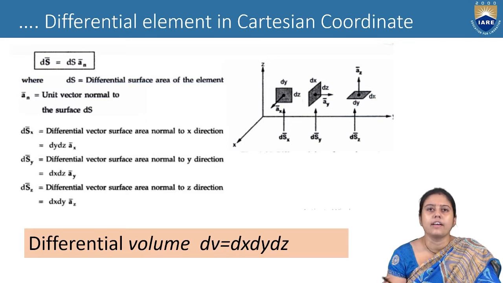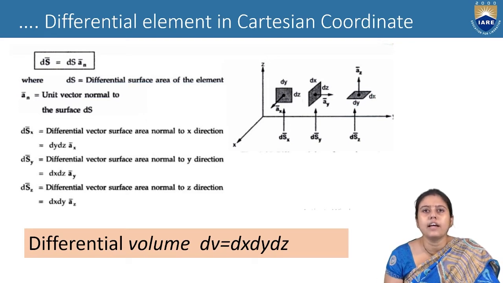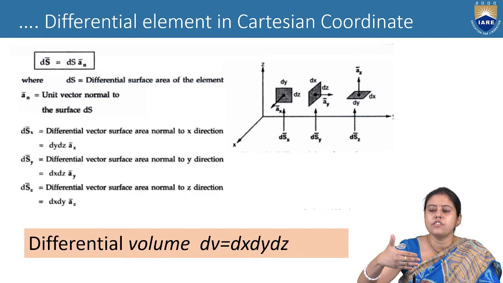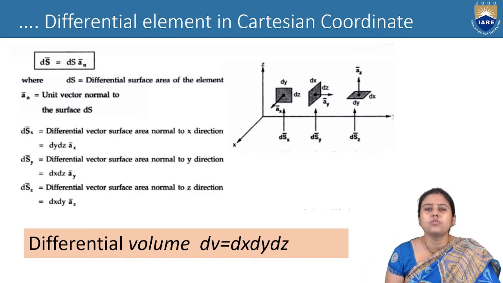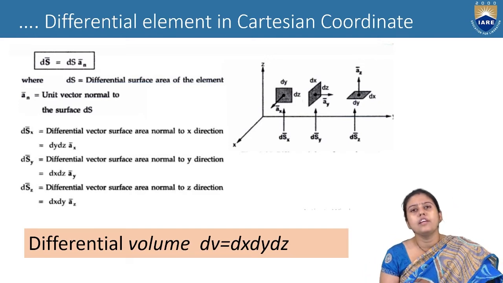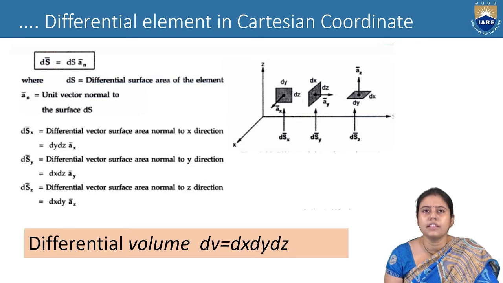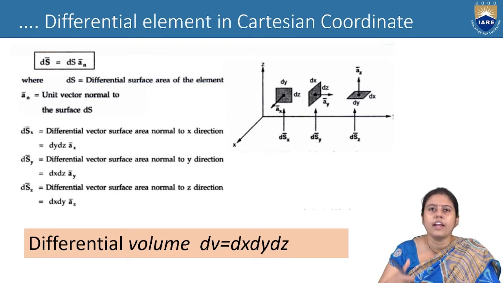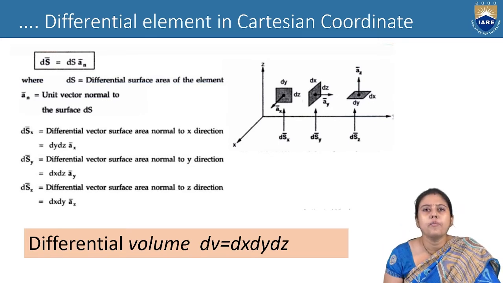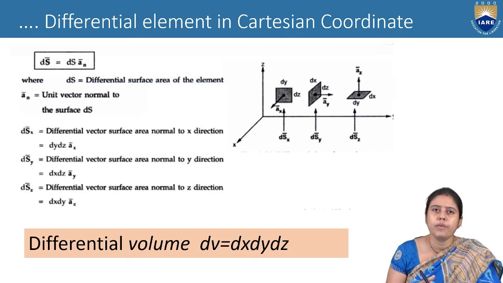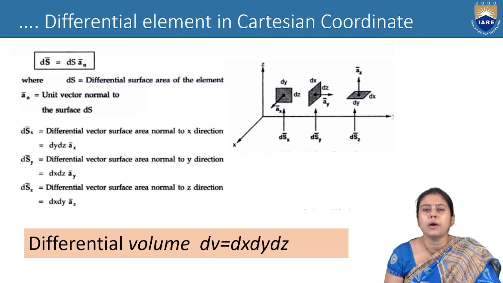When we are thinking about the surface, the surface of the xy plane will be dy dx. And one more thing, the direction of the surface is always normal to the surface. If we are thinking about the xy plane, the direction will be along the z axis. If we are thinking about the yz plane, the direction of the plane will be along the x-axis. Now you may ask me, what is the meaning of the direction of a surface?